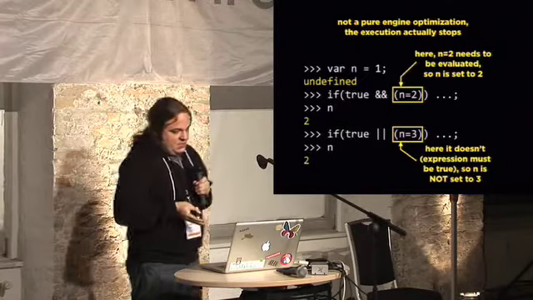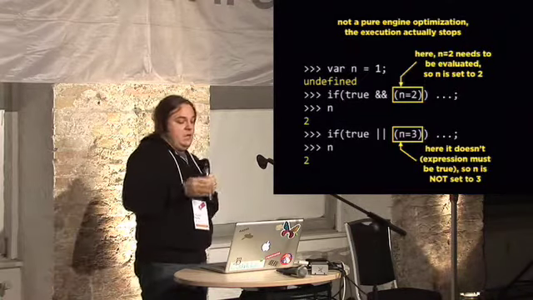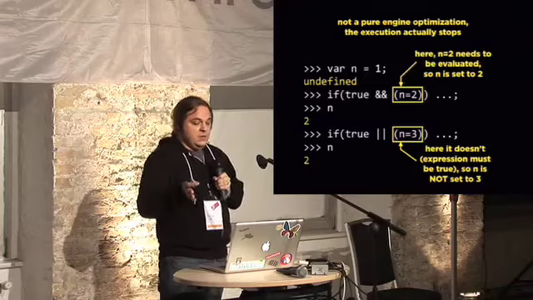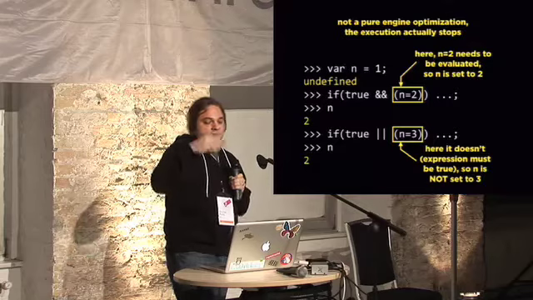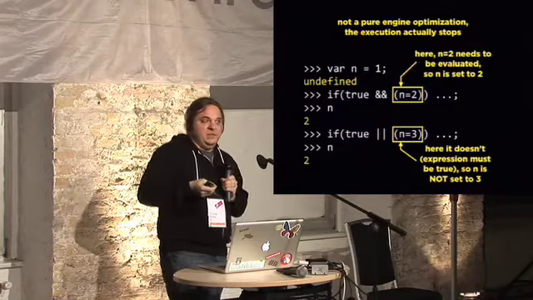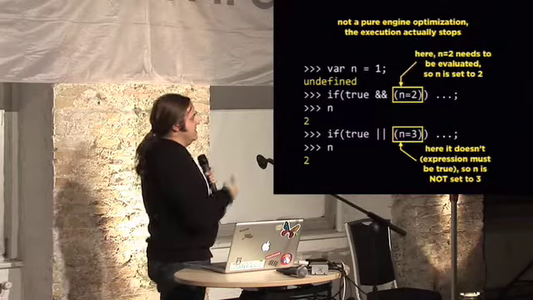But in the second part, I say true or n equals 3. So true is already true, of course, and so the second part of the or expression will not get evaluated, and n will not get set to 3.